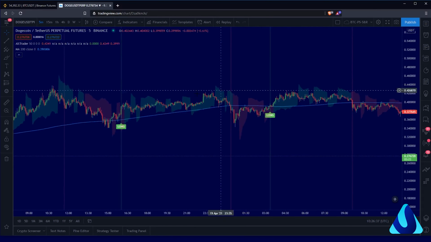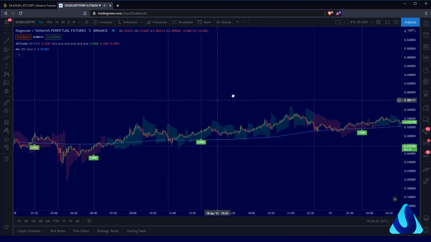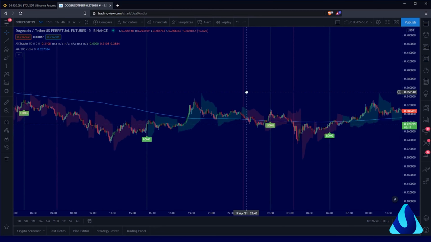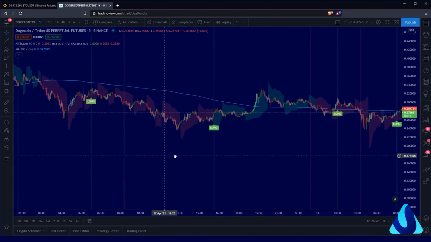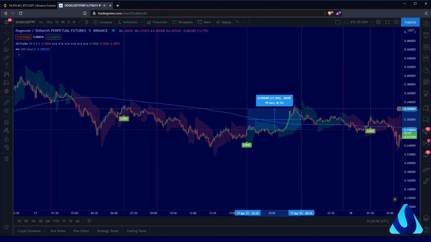Very, very good chart. The indicator is smashing it in terms of finding the right entry positions for us, and Dogecoin has such good volatility for you to get such big gains in short periods. It's perfect for scalping.